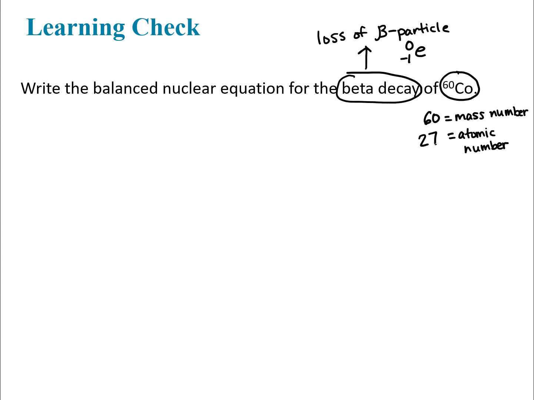So these are the pieces of information that we're starting with. We're losing a beta particle because it says beta decay. Cobalt 60, we know the mass number is 60, and we can look up the atomic number. We can start writing our equation.